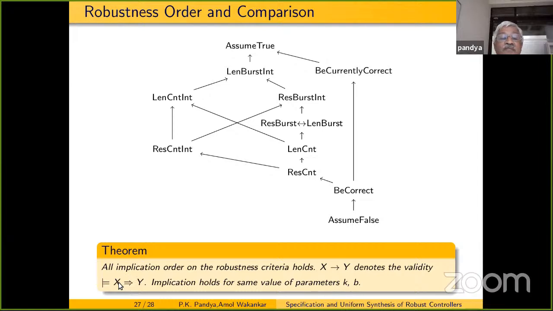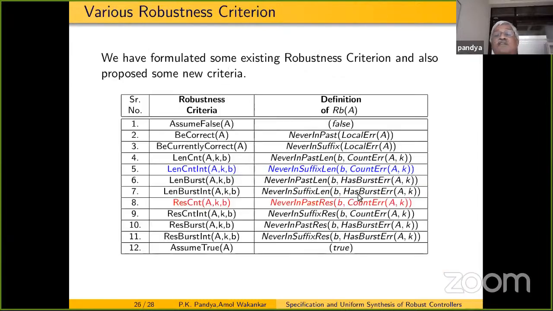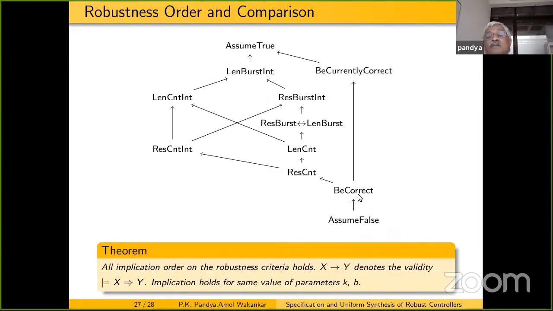And if X logically implies Y, we draw an arrow from X to Y. So all these criteria that we define in our logic, we order them by this logical implication, and we get a diagram like this. And the idea is that the higher you go in this diagram, the more relaxed assumption you get in general for an arbitrary controller, and hence, the more robust your controller will be. So the higher you go, the more robust controller you will get.